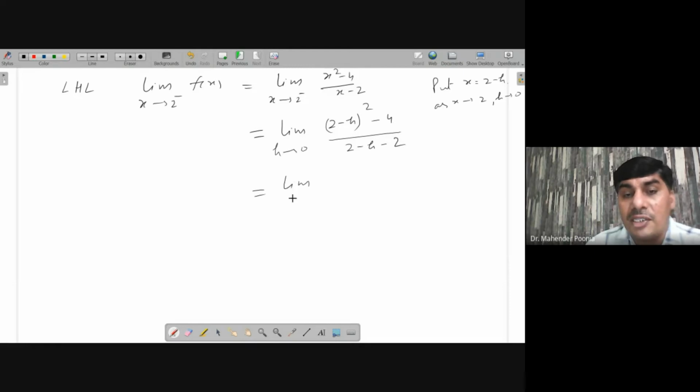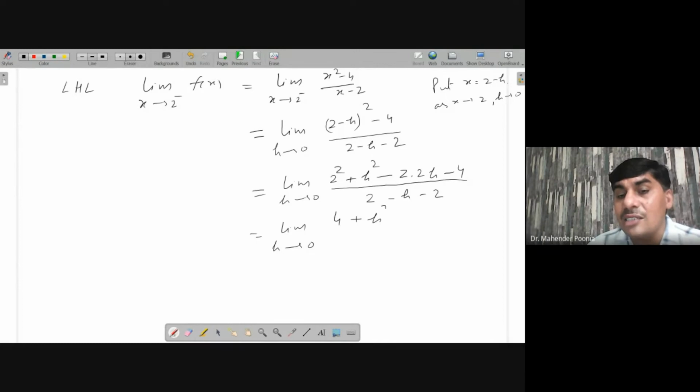Which is equal to limit h tends to 0, (2 minus h) square, that means (a minus b) square, a square plus b square, that means 2 square plus h square minus 2 into 2 into h minus 4 divided by 2 minus h minus 2, which is equal to limit h tends to 0, 2 square is 4, h square is as it is, minus 2 into 2, 4 into h, minus 4 divided by 2 minus h minus 2.